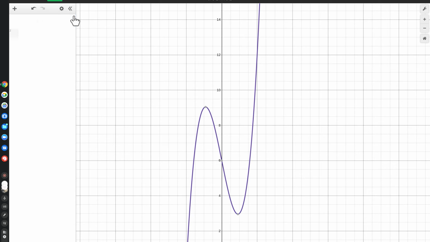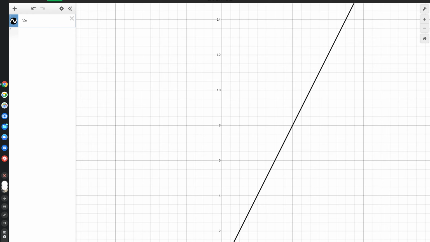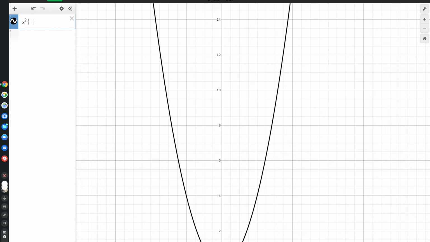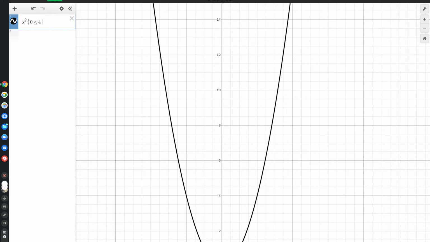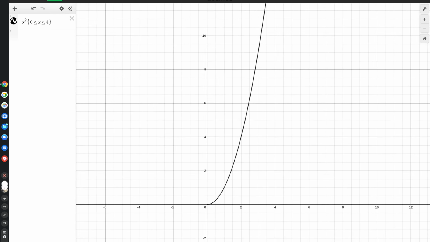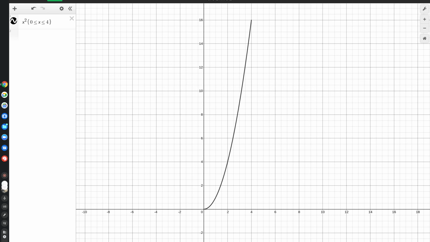So what are we trying to do with this? Let's do x to the power 2. Let's create a range 0 to 4. Okay, now if we zoom out, okay, there we go.